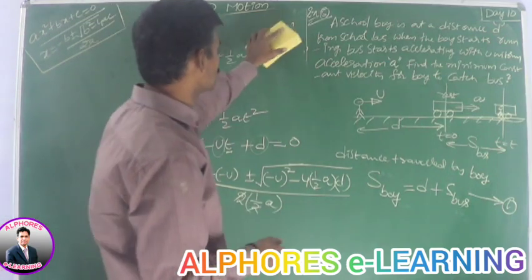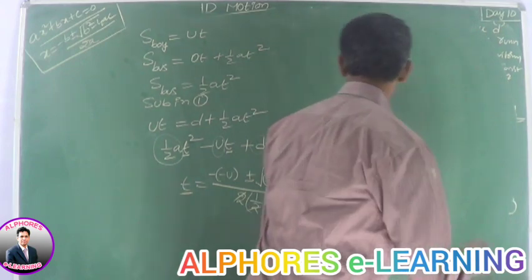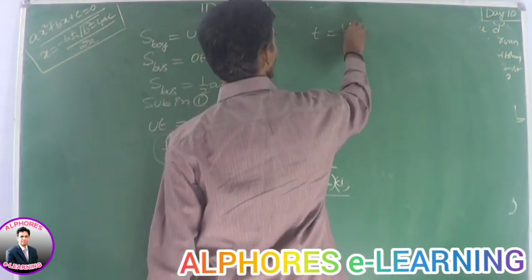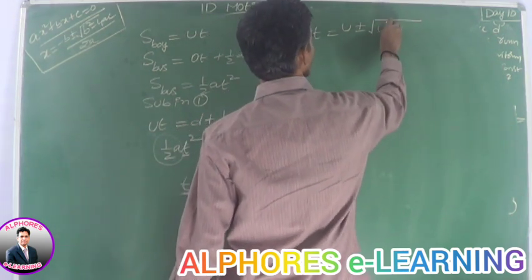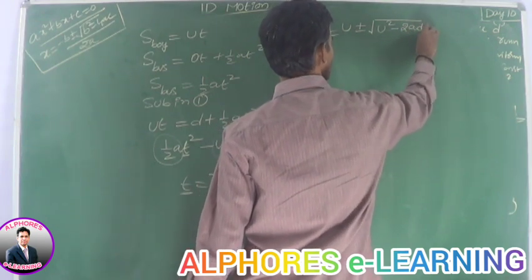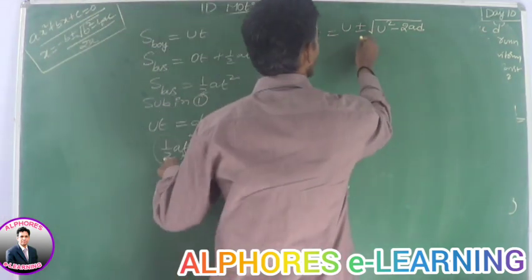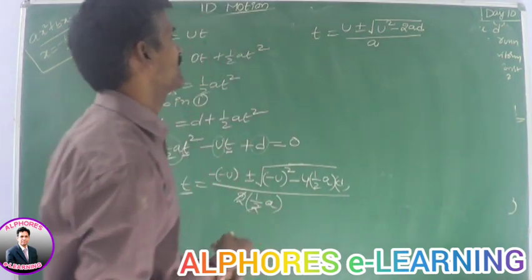So to get the real roots, this t is u plus or minus under root u square minus 2ad, all by a. This 2 gets cancelled.